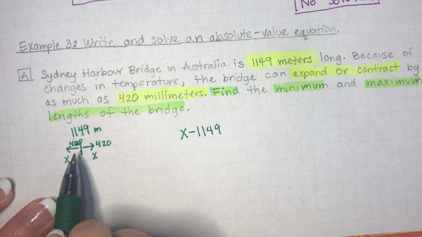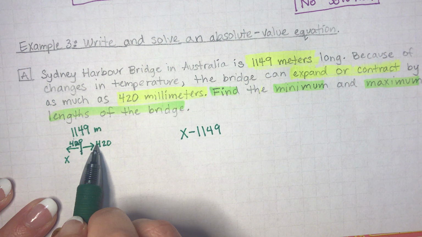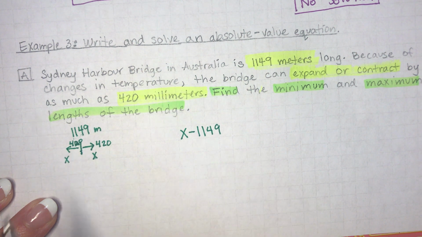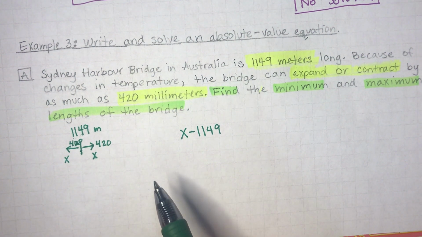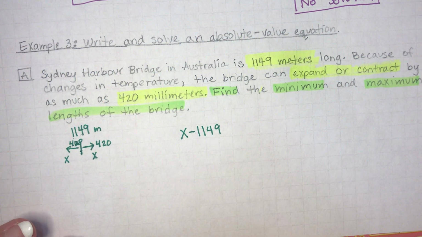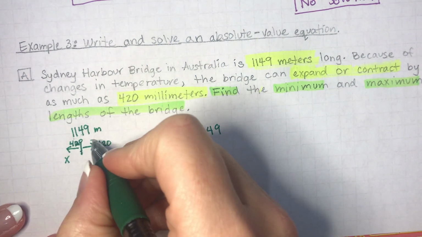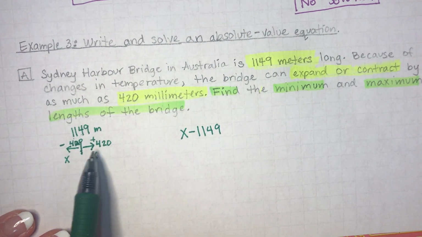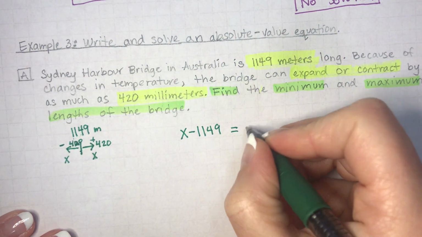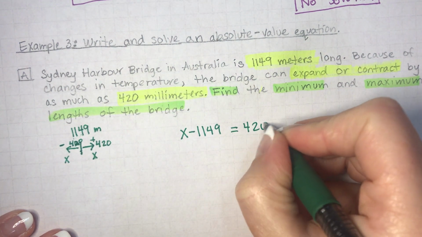But look at this. See how it's going this way, 420, and this way? Doesn't that look familiar? Yeah, that is like our two equations, right? When we split it into two and we had a positive 420 and then a negative 420. So that number, when it goes this way and this way, that's what it equals. It equals 420.